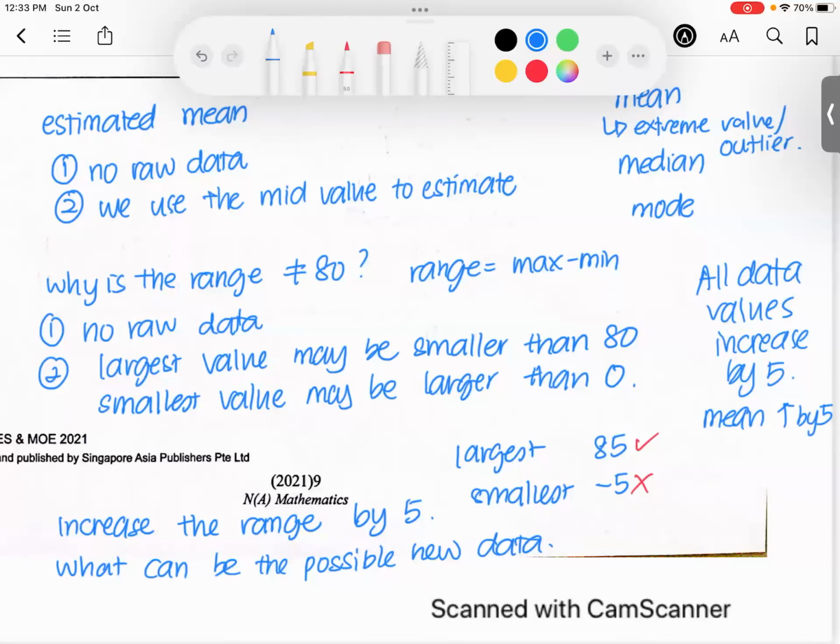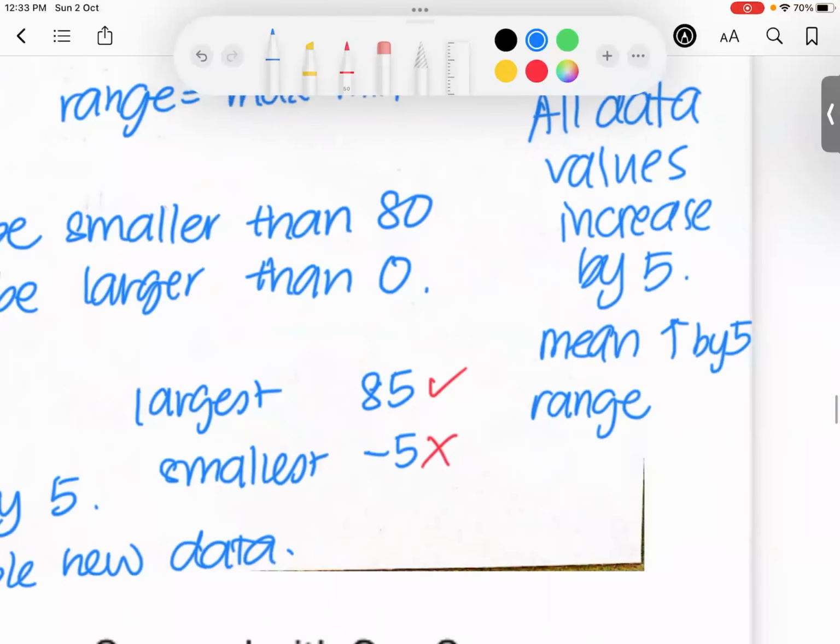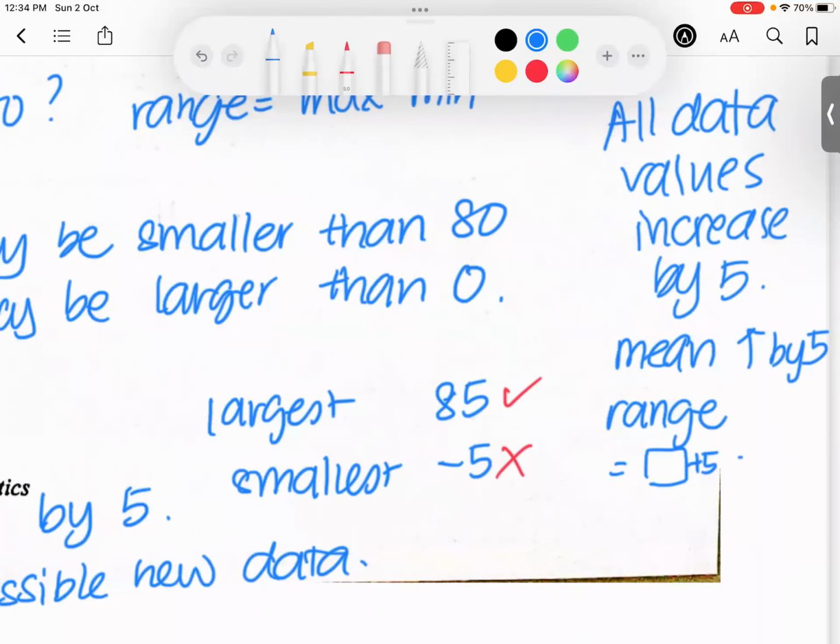But what happens to my range? Range is made up of the largest minus the smallest value. I'm taking the larger number plus 5 minus the smaller number plus 5. You'll notice that in this bracket, the 5 and the 5 cancel out when they do subtraction. So the range stays the same.